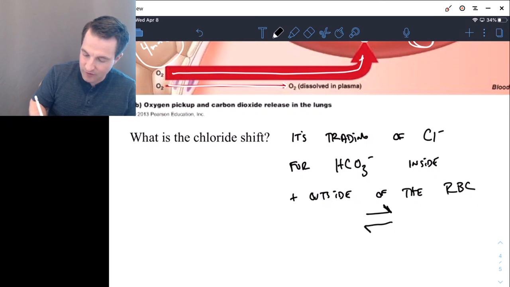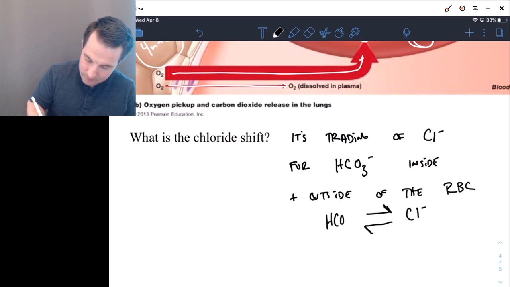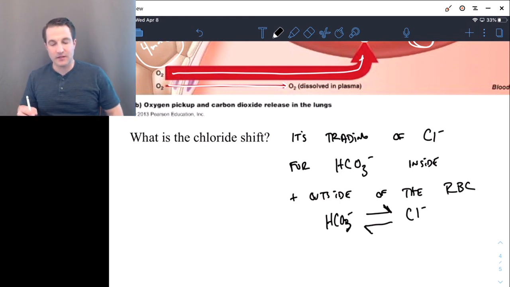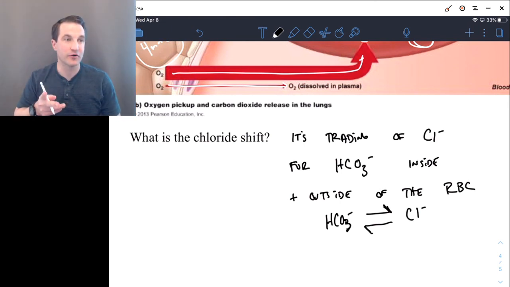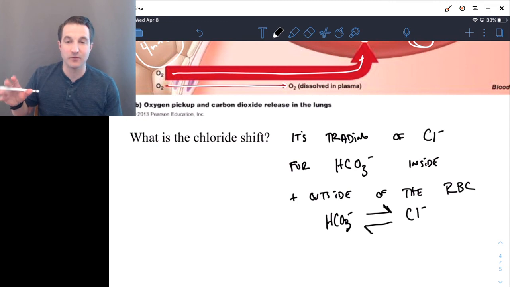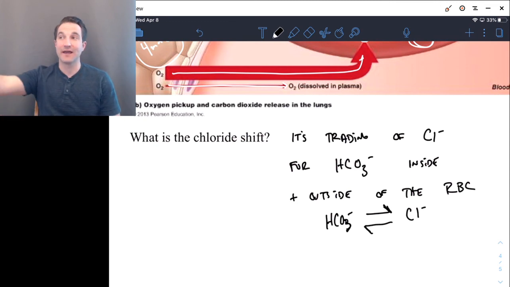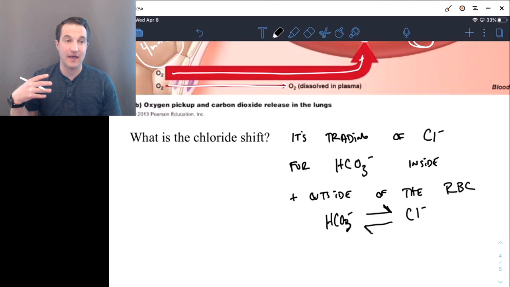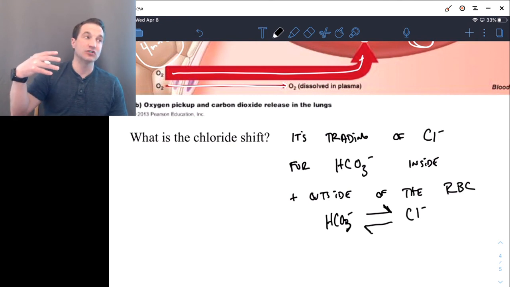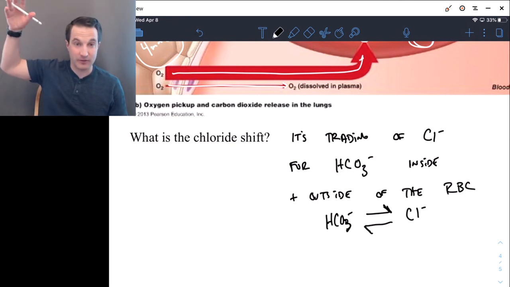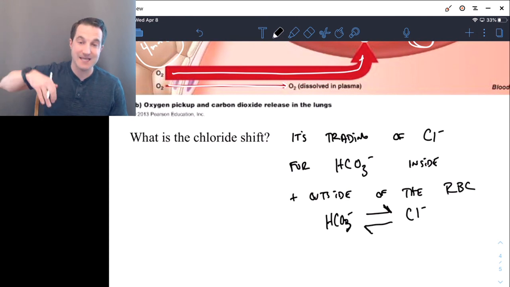Let's just draw this right here. Basically, they're just going to be trading with each other. If we're at the skeletal muscle when we want to bring a lot of carbon dioxide into the red blood cell, that's going to mean that we're going to be eventually kicking that carbon dioxide out of the red blood cell as part of bicarbonate, and therefore we're going to have to bring chloride in.